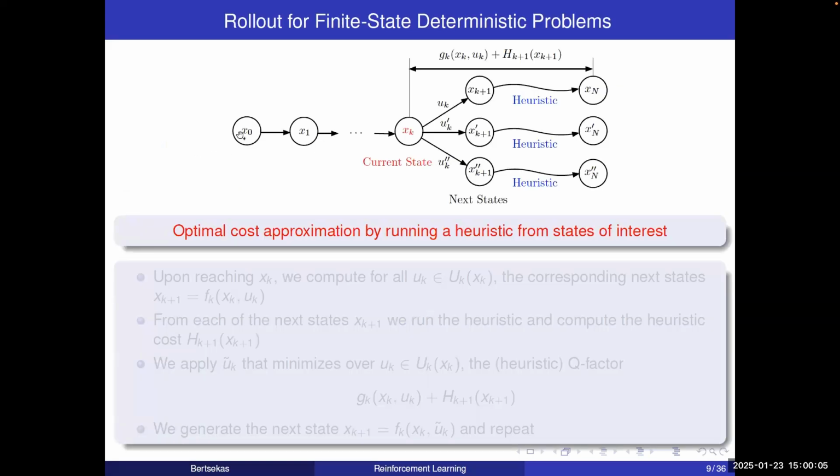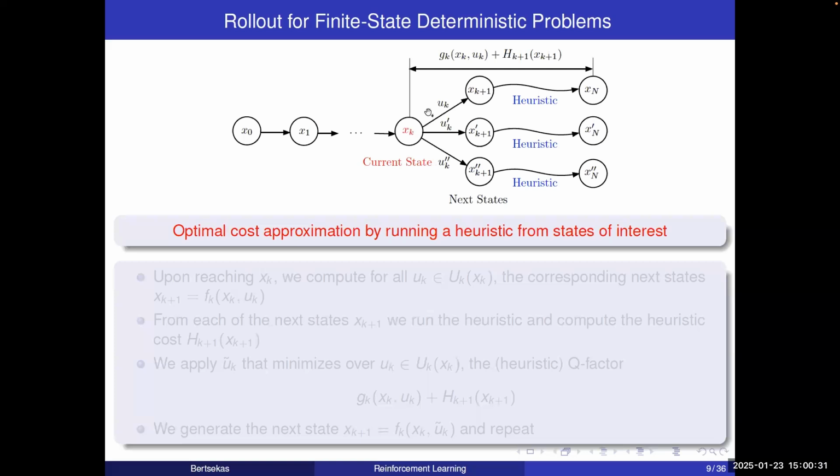So here is the evolution of the system. Suppose that we are at xk. We can generate our controls, look at all the possible next states, and we want to have a J tilde for each one of those, right? And now this J tilde in rollout is the cost generated by some heuristic, running a heuristic from these states. So that's how rollout works.